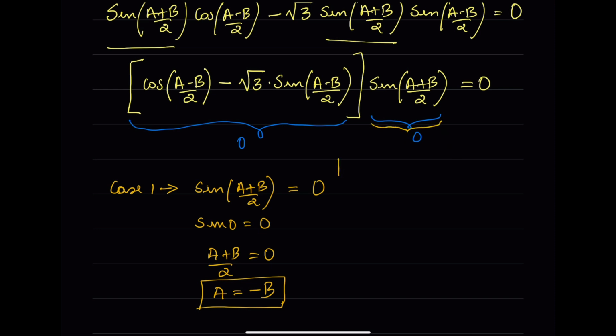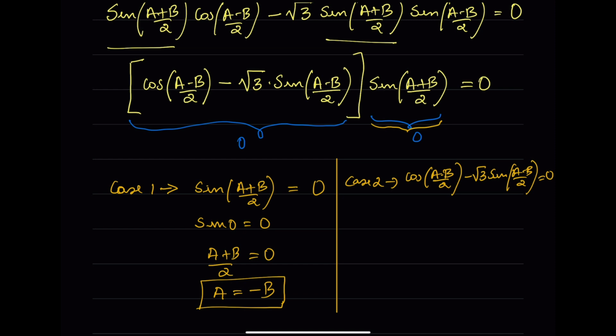Now let's try case number 2. Case 2 is when the first part, which is cos of A minus B by 2 minus square root of 3 times sin of A minus B by 2, is equal to 0. If we solve this equation, we would get tan of A minus B by 2 is equal to 1 by square root of 3.